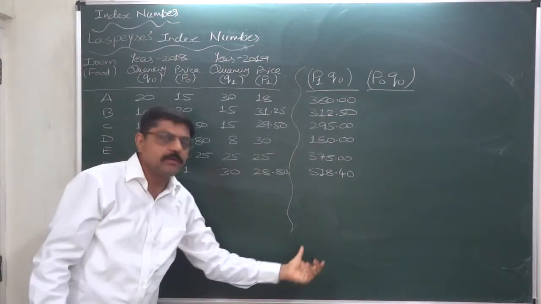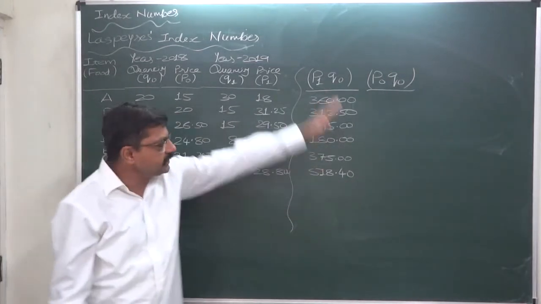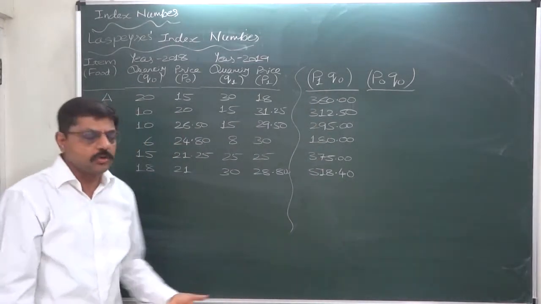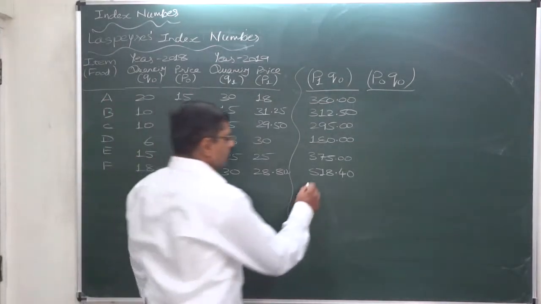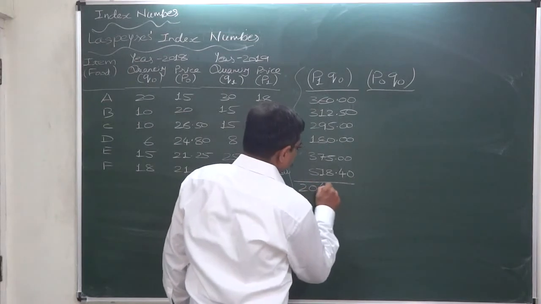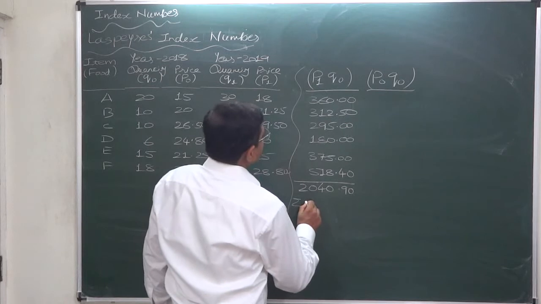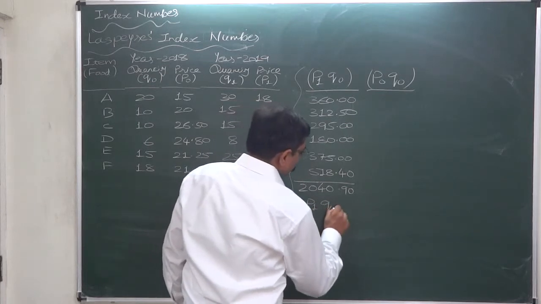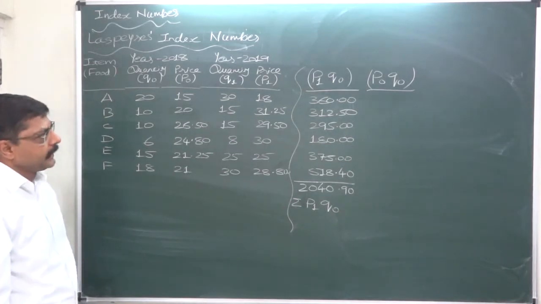That's why we have to calculate all these things. And the summation of this column will be the notional cost of base year quantity at current year prices, and that is 2040.90. This is sigma or summation of P1 Q0.